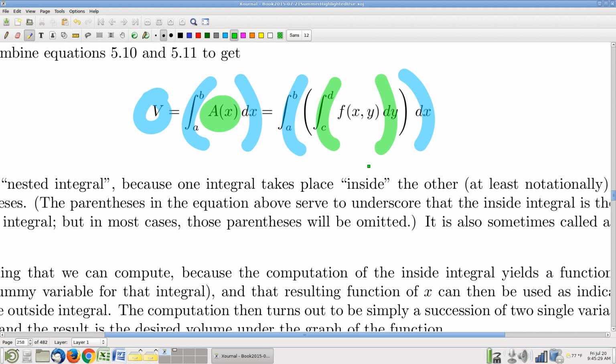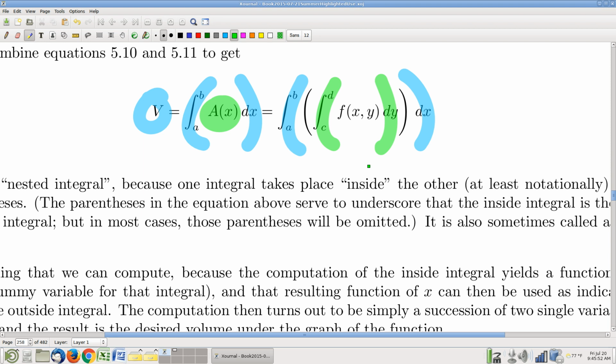So you've got to flip back through the pages, look at the pictures, think it through, and pay attention to the details. But the punchline is, an alternative method for computing this volume, instead of doing a double integral, which we don't really know how to do, is to do a single variable integral of a single variable integral like this.